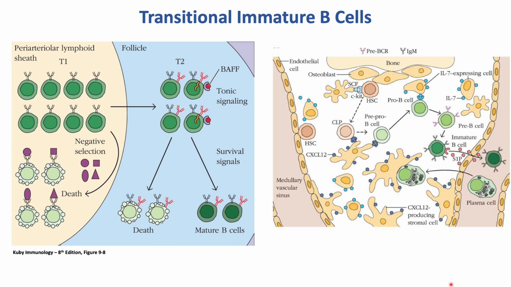If these mature B cells encounter specific antigen, they undergo activation, proliferation and differentiation, leading to the generation of plasma cells and memory B cells. This is the whole process of B cell maturation and development. Only 1 to 3% of all the B cells produced in a day reach the recirculating pool.